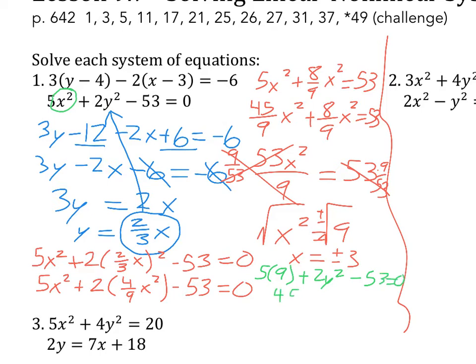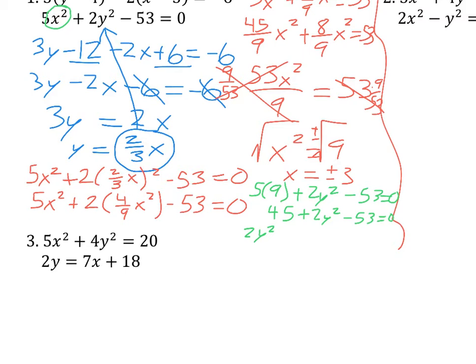So we get 45 plus 2y squared minus 53 equals 0. So this is 2y squared minus 8 equals 0. 2y squared equals 8, which means y squared equals 4. So y equals plus or minus 2.